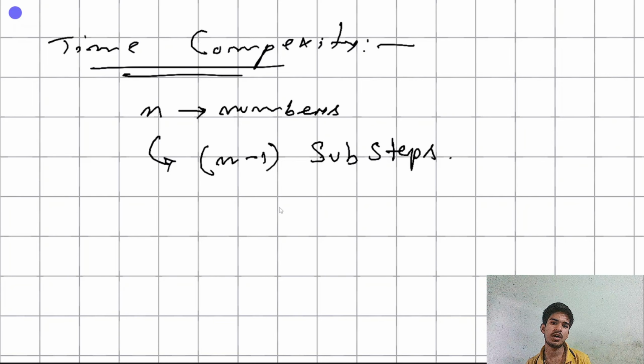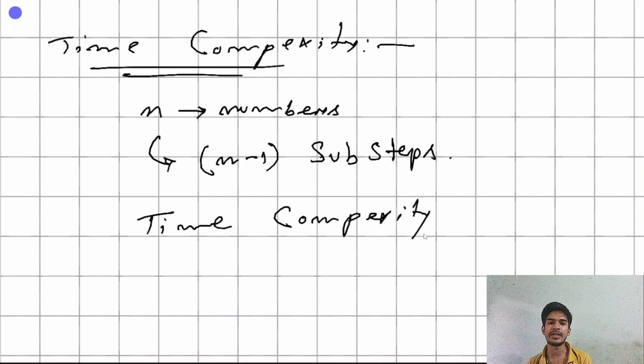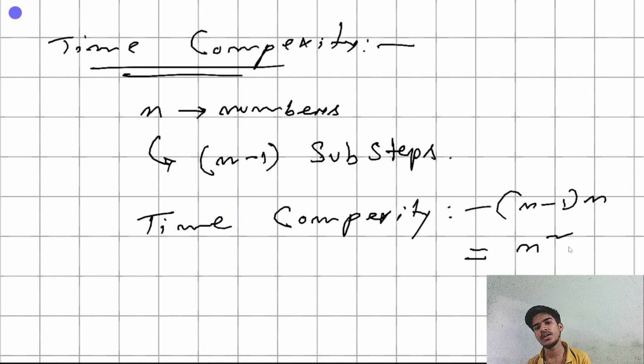So the time complexity became n numbers and n minus 1 substeps. That means n minus 1 multiplied by n. So the time complexity will become n minus 1 times n, that means n square minus n.